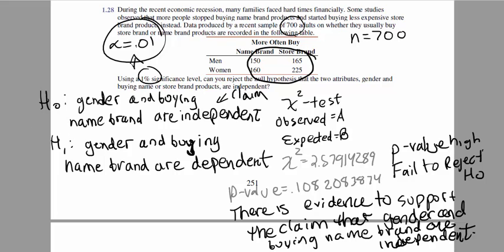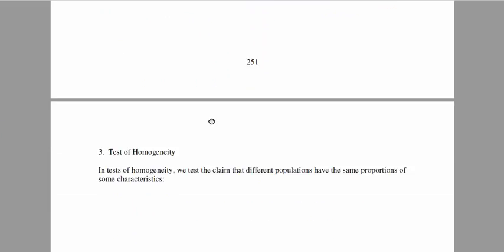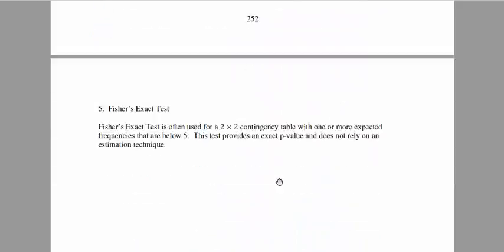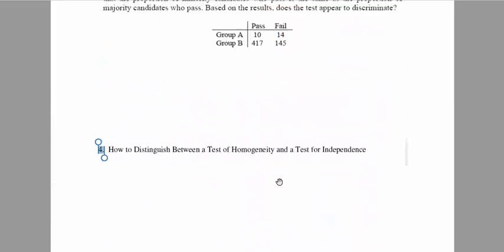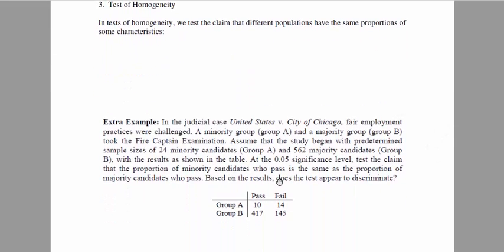Hopefully seeing another example of using the chi-squared test was helpful. So let's do the test of homogeneity, and then we'll be done. So, homogeneity. In these tests, we test the claim that different populations have the same proportions of some characteristics.